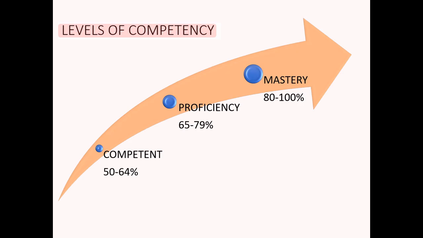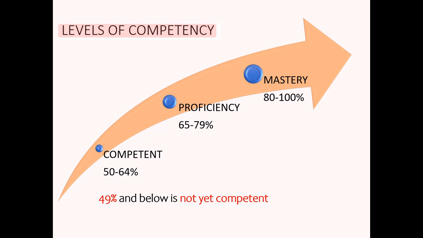So what are the levels of competency? In NEC-based assessment, we used to talk of pass, credit, distinction. But in CBET, or in competency-based education system, if a candidate scores 50 to 64, we say that candidate is competent.